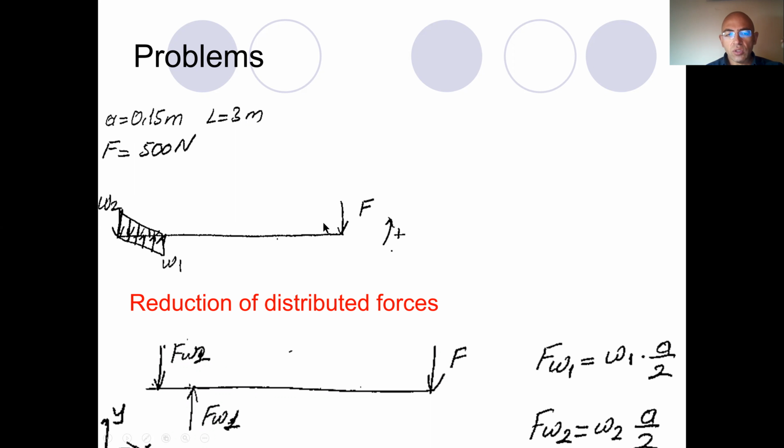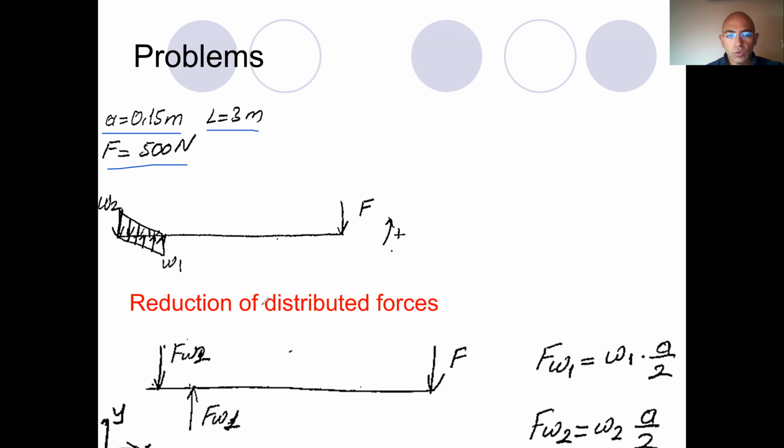Then we have a force which is 500 newtons, let's say that's F. So F is 500 newtons. The region where the distributed load is applied is denoted as A. It is 0.15 meters, and the length of the beam is 3 meters.